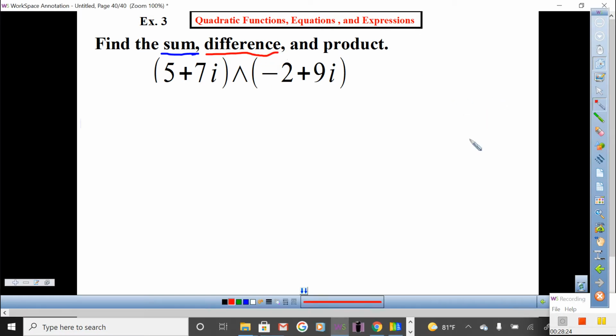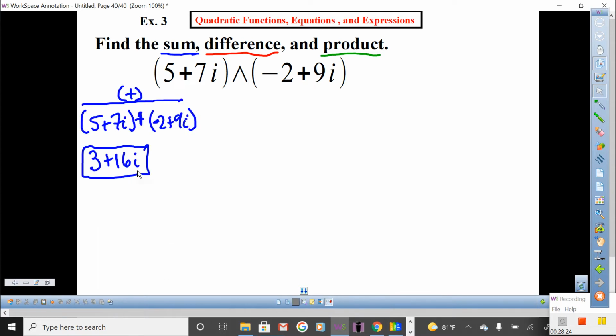All right. Let's see what we got. What did you get for our sum? Lenny, what did you get for the sum? 3 plus 16i. Hands if you got that. Looks about right. And here's the work on the screen. All right.